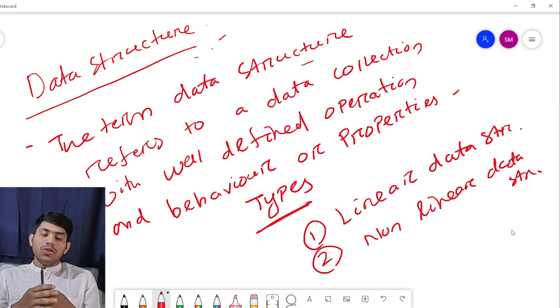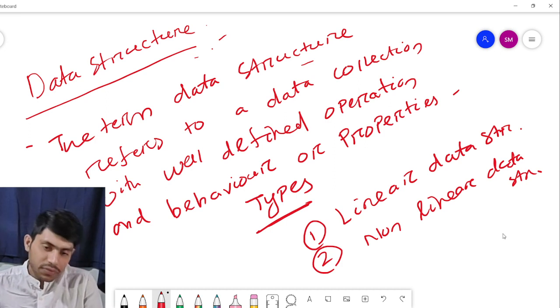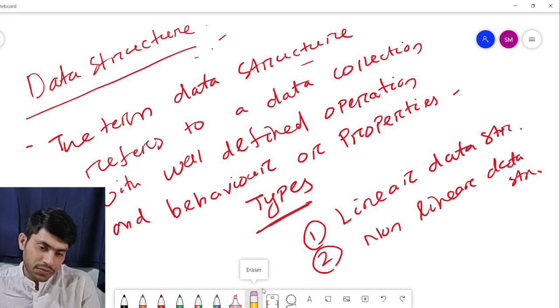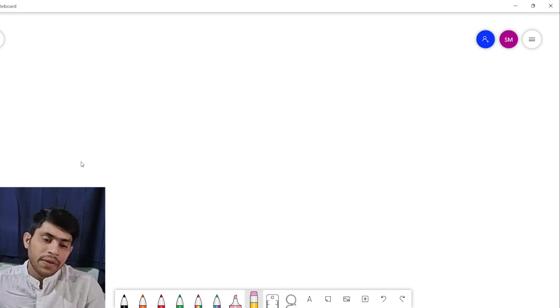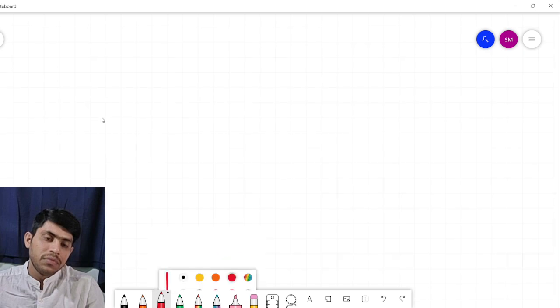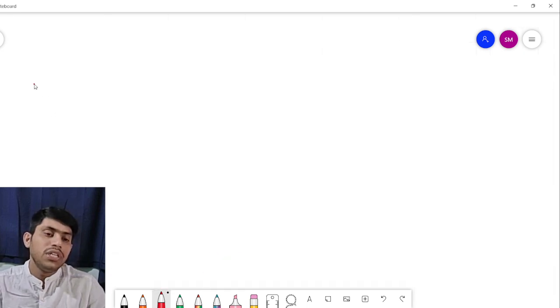Okay. So now let's see which ones come under linear data structure and which ones come under non-linear data structure. First one is the linear data structure.